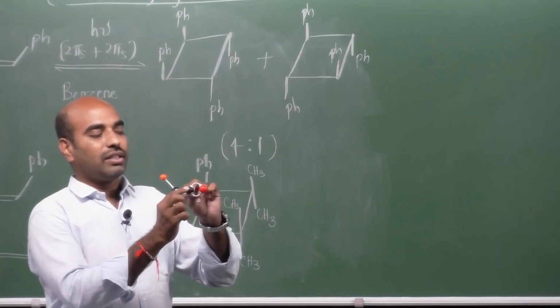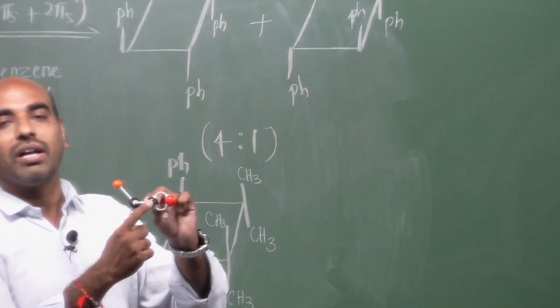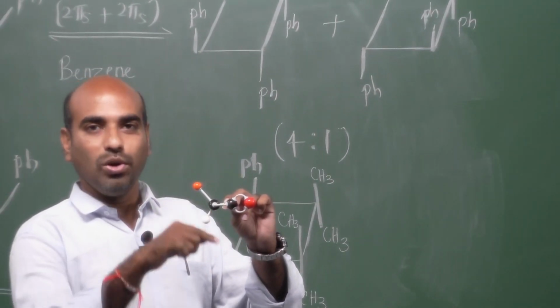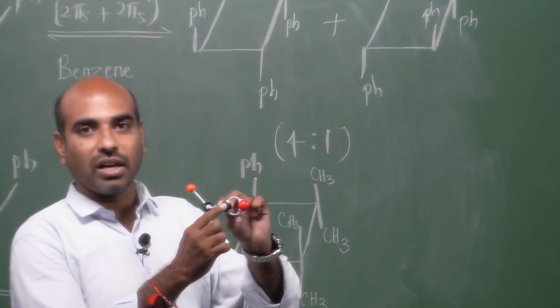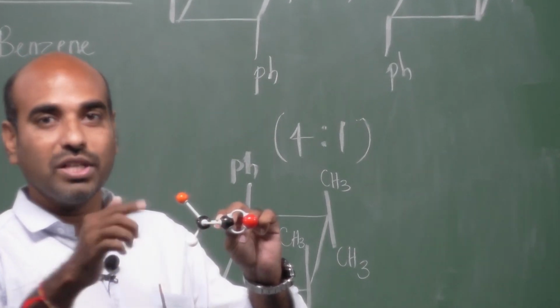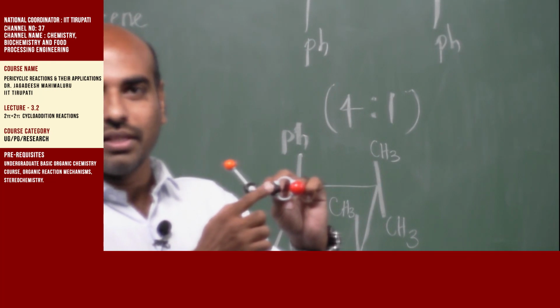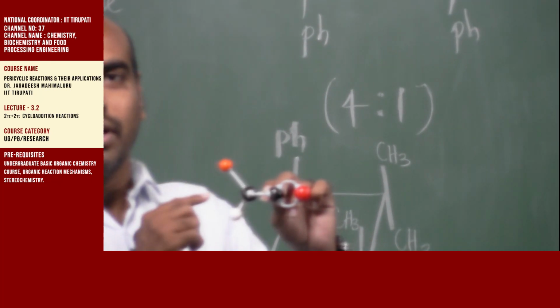And the LUMO is located on this carbonyl carbon atom. This low lying LUMO molecular orbital on this carbonyl carbon atom is there. Now this interacts with an olefin alkene molecule.